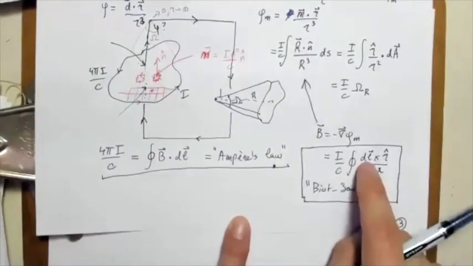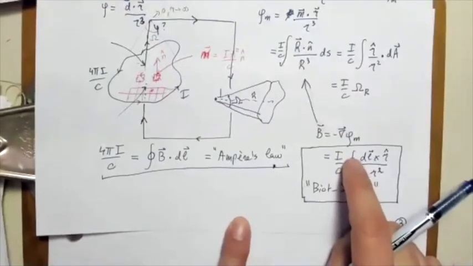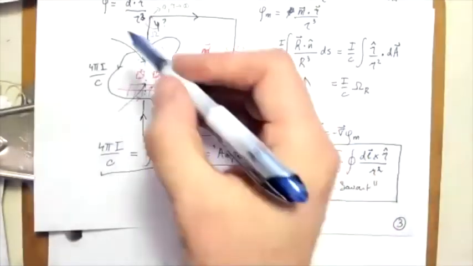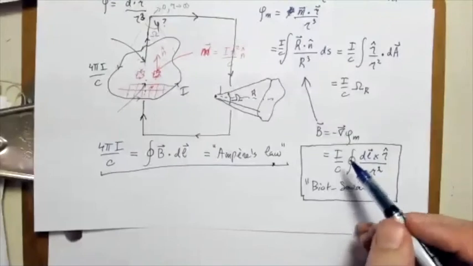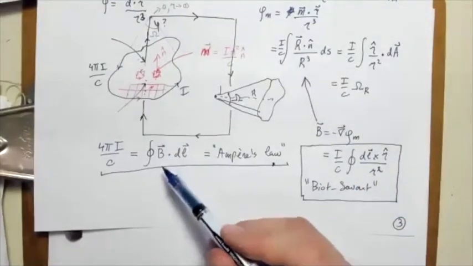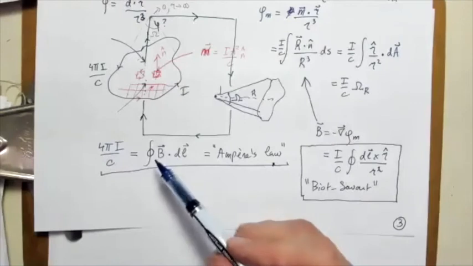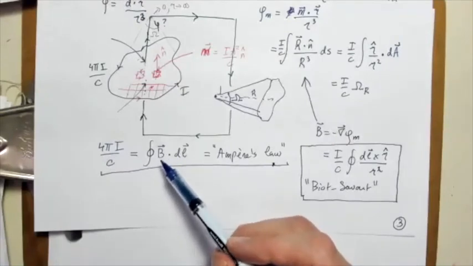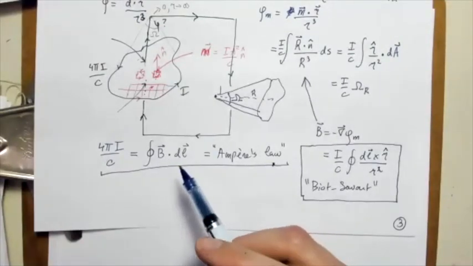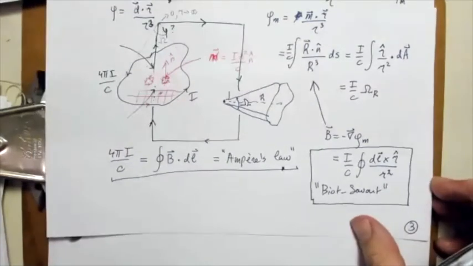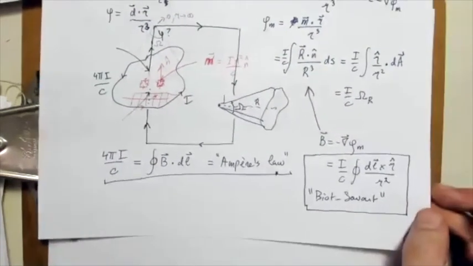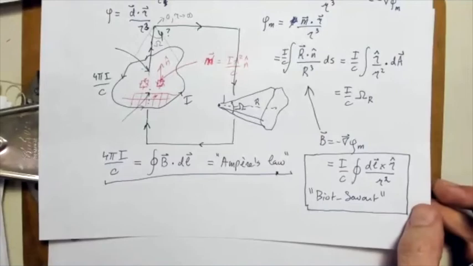So you have some I that goes through the loop, and you basically need to integrate over that loop, and then you get the magnetic field. This is a thing that you can use in situations with a super high degree of symmetry, and then you can work out what the magnetic field is. So let's go over a couple of examples of magnetic fields.